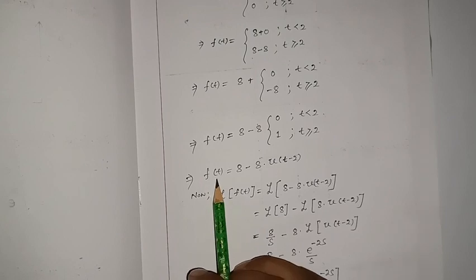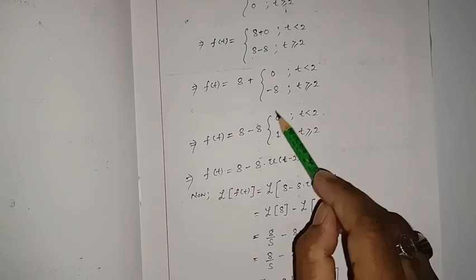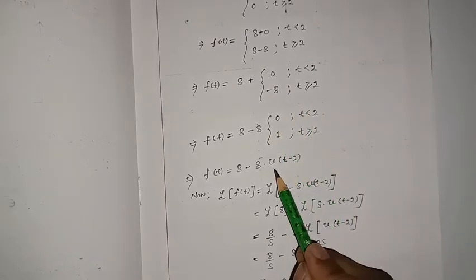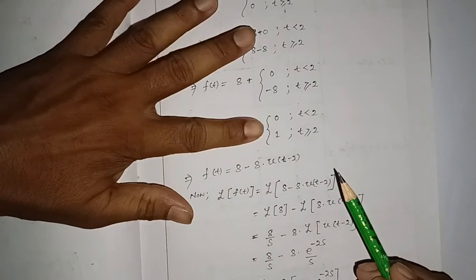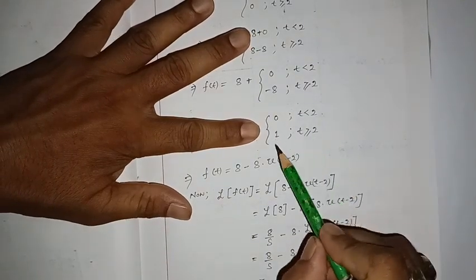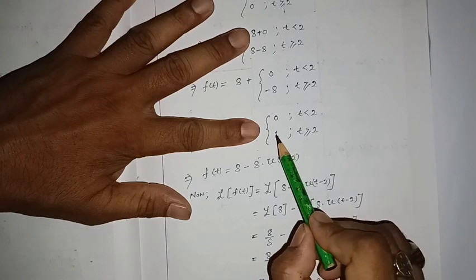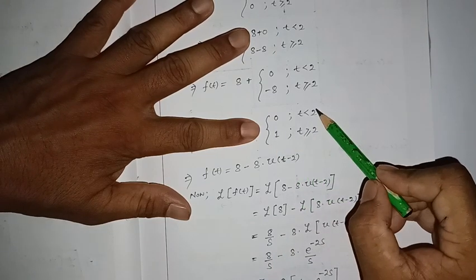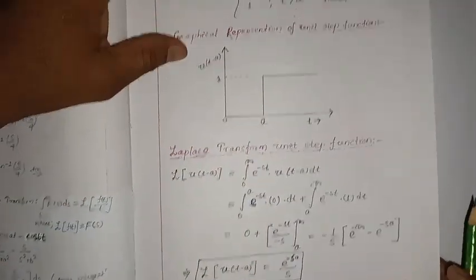That implies f(t) equals 8 minus 8 into u(t minus 2). Because if I consider this one only, here a is nothing but 2. You just compare this one with this one.